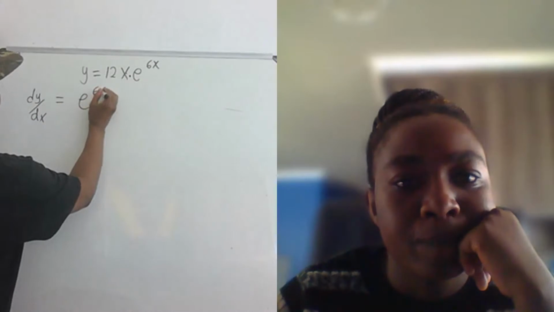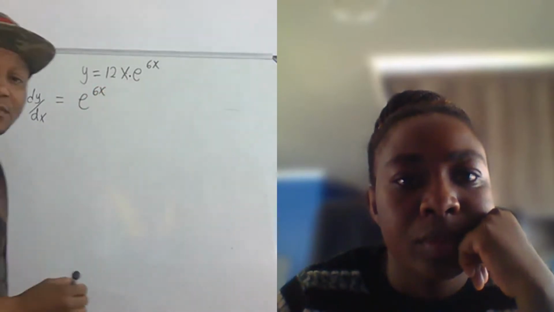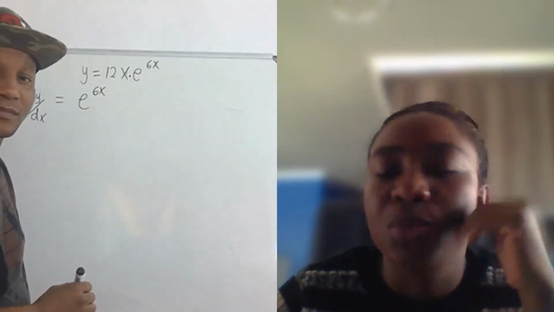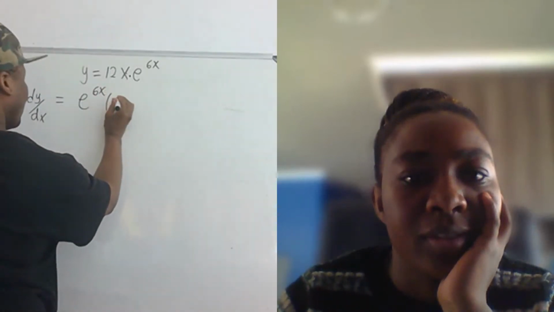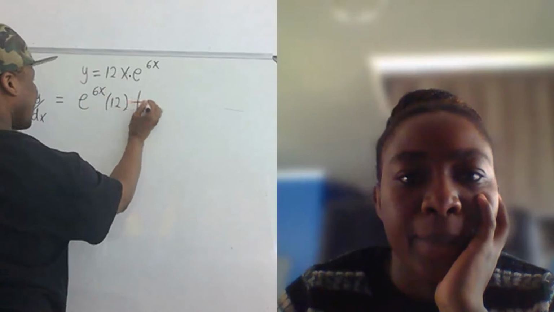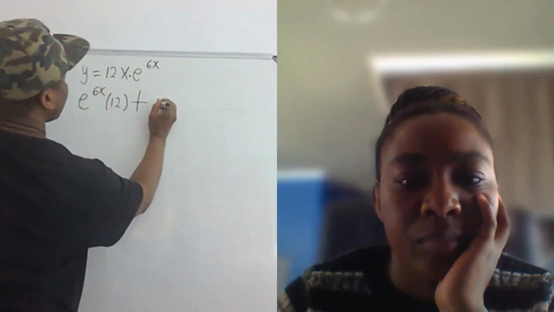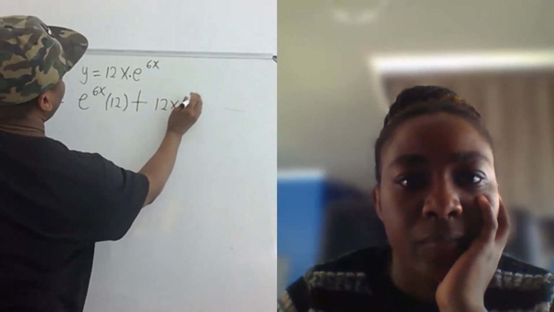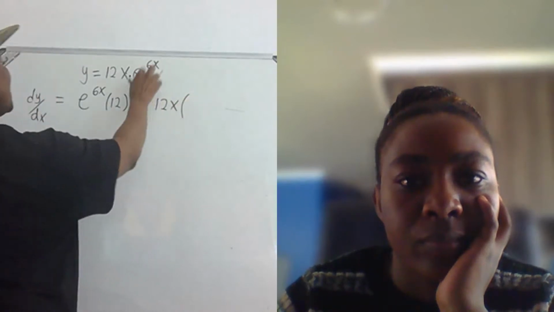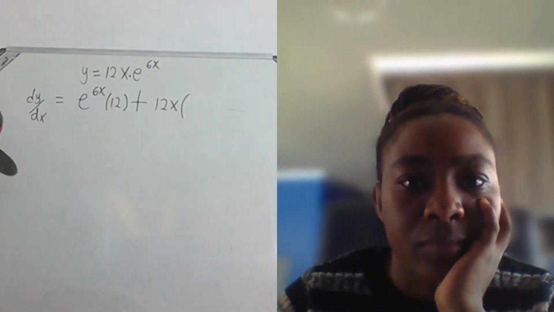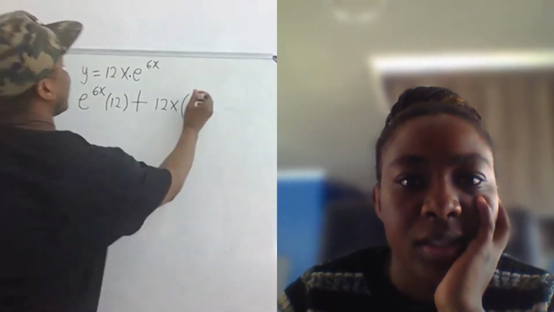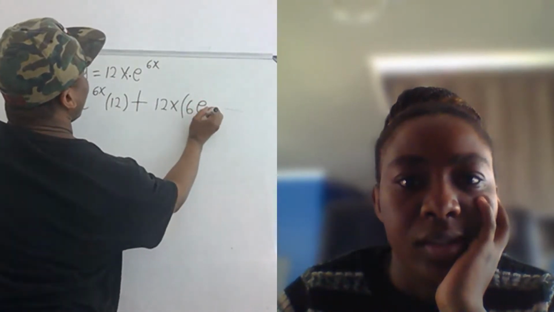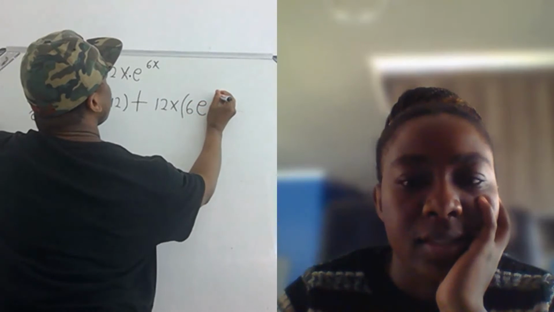And then what do we do? Differentiate 12x, which will be 12. And then we plus, now this is going to be constant. Then we differentiate e^6x. It's going to be 6e^6x.